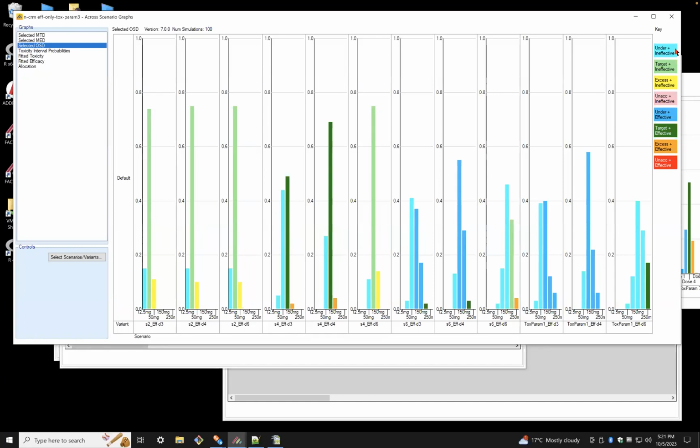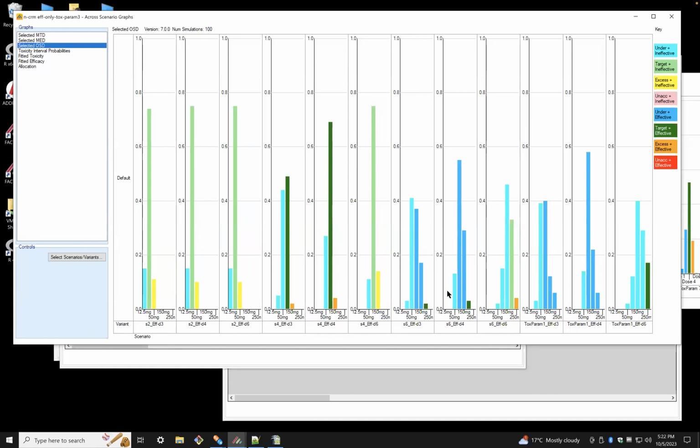Ineffective is a bit strong when we're actually targeting a specific toxicity rather than an efficacy band. And then in the third one, where the MED is still above the MTD, again our peak is at the light green, where we're at the MTD and can't go as high as the effective dose.